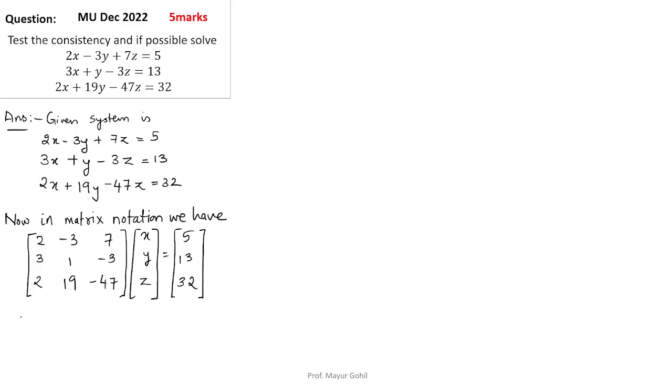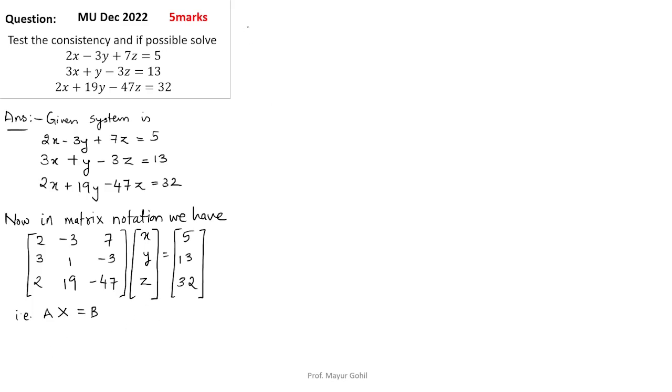Okay, now this is basically Ax equal to b. So now see, we are removing the ambiguity of labeling the matrices. When I write Ax equals b, it clarifies the entire thing: the capital matrix A is the first matrix, x is the unknown matrix, and b is the matrix of constants. Okay, so this is what we have got.